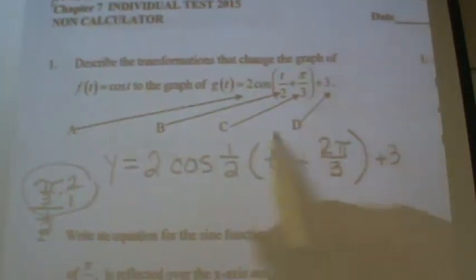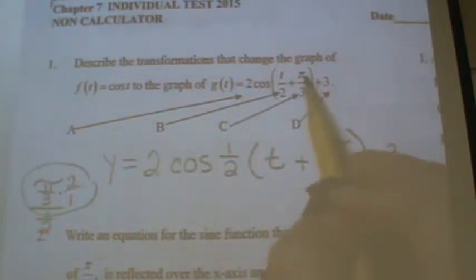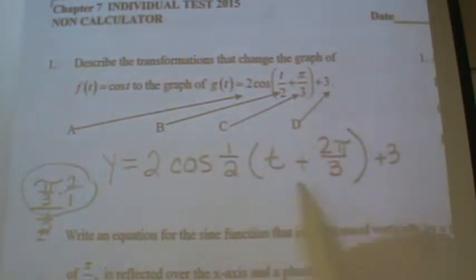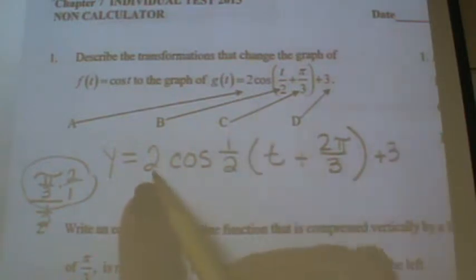Did everybody see how I did that? You're going to take your B value and do pi over 3 divided by that 1/2. So you may have to divide, flip and multiply. So what does that tell us? We're going to go in order. This is a vertical stretch by 2.